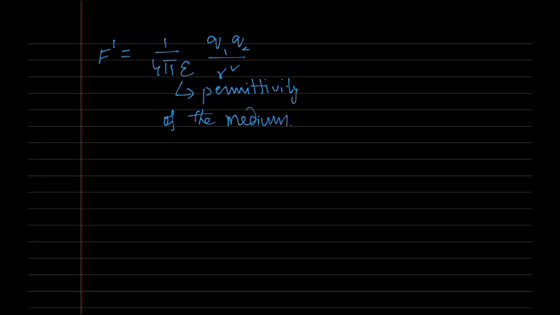Now I'm going to give you a relation, that is relative permittivity, and this relative permittivity of the medium is defined as the permittivity of that medium to the permittivity of free space. This relative permittivity is also known as dielectric constant.